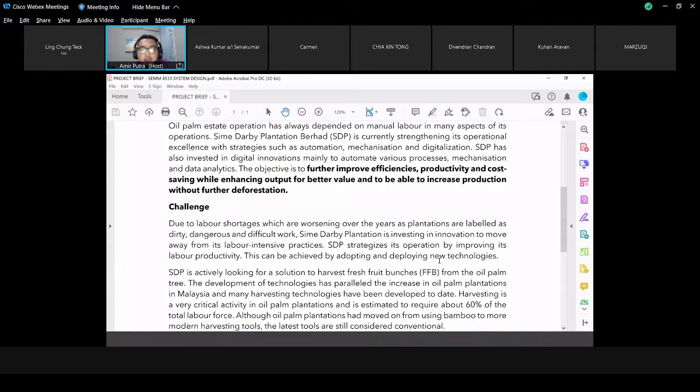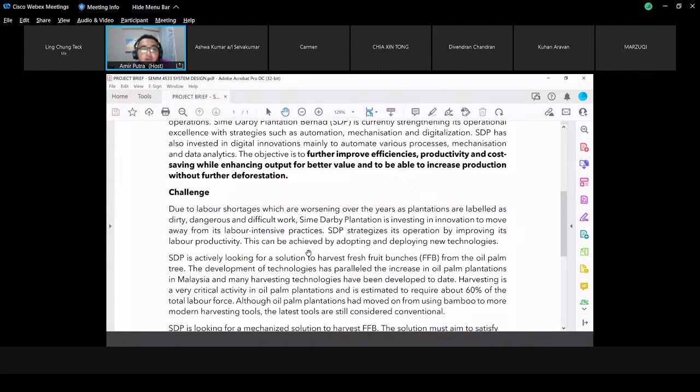Okay, SDP is actively looking for a solution to harvest fresh fruit bunches, buah pokok kelapa sawit tu, from the oil palm tree. Again, the development of technology has run parallel to the increase in oil palm plantation in Malaysia, and many harvesting technologies have been developed to date. Harvesting is a very critical activity in oil palm plantation and is estimated to require about 60% of the total labor force.